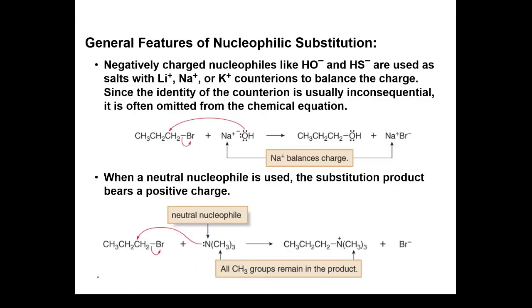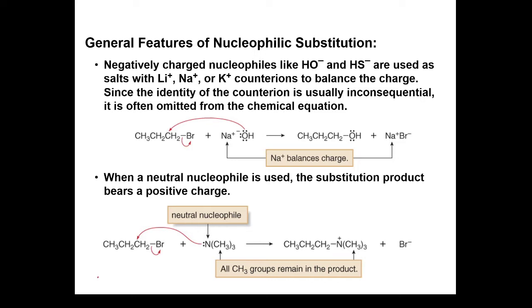All right. So let's take a look at the general features of a nucleophilic reaction. All right, an SN reaction here. To bring my nucleophile to the party, whatever my nucleophile is going to be, I usually have some group 1 ion to bring it to said party.